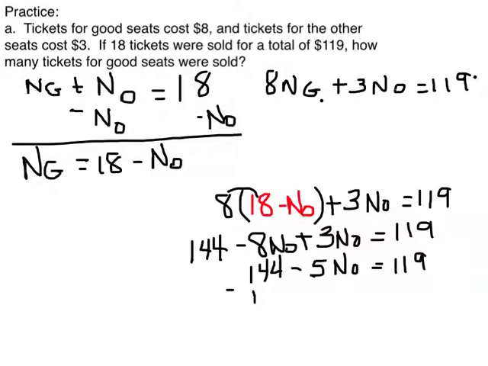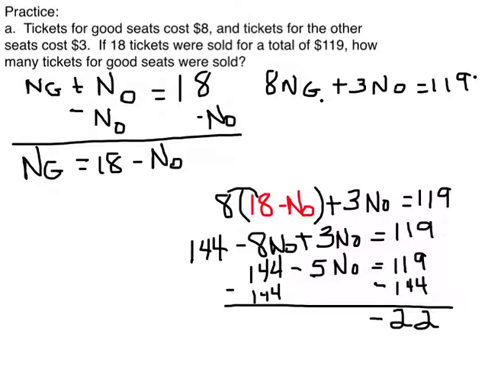Now we're going to subtract 144 from both sides. And we get negative 25.